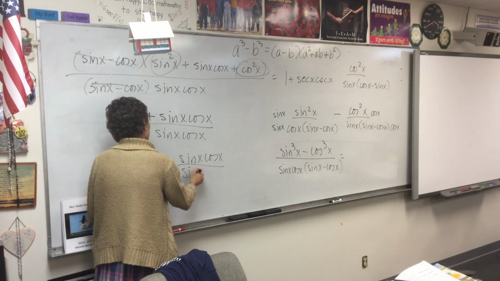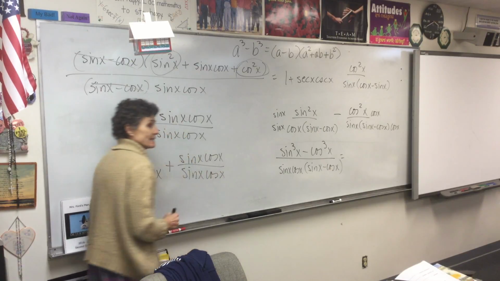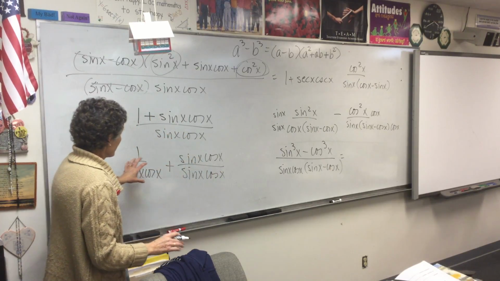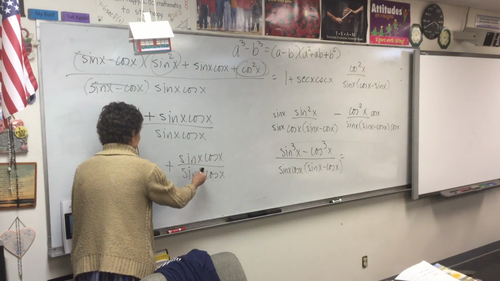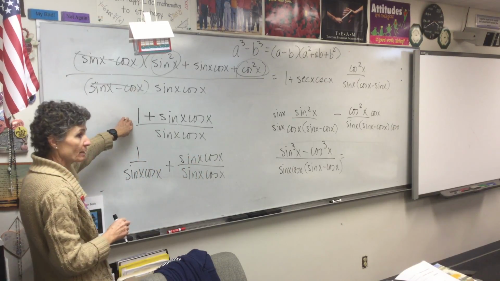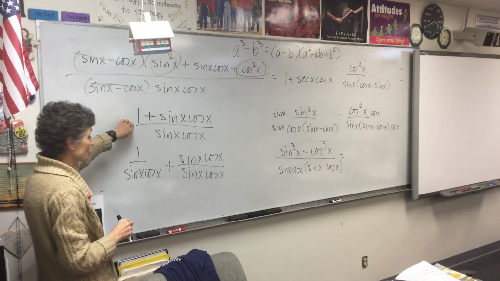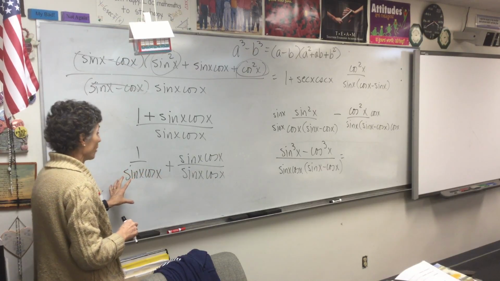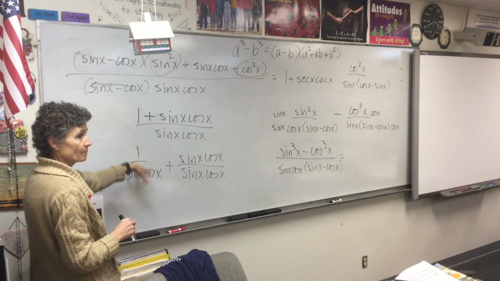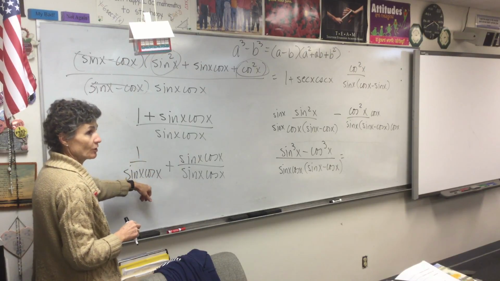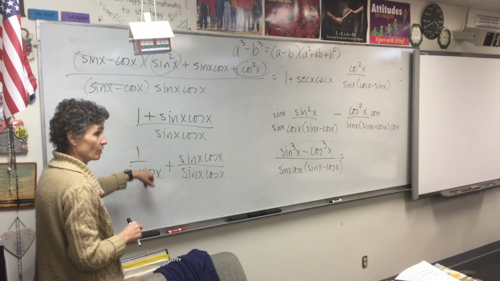Now again, when you make an algebra move like this, if you're unsure of it, go backwards. If I added these two together, is this what I would come up with? So it's perfectly okay to split it apart. Now what's this? That's your secant and your cosecant. 1 over sine, 1 over cosine.